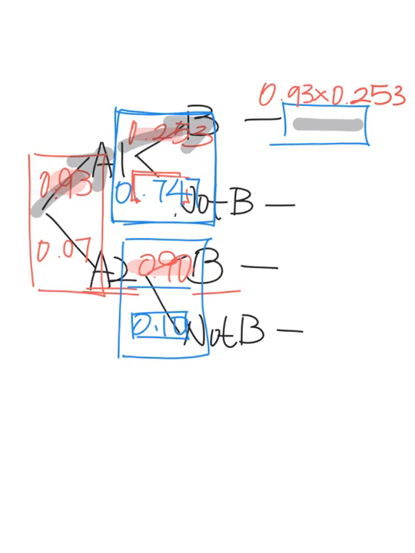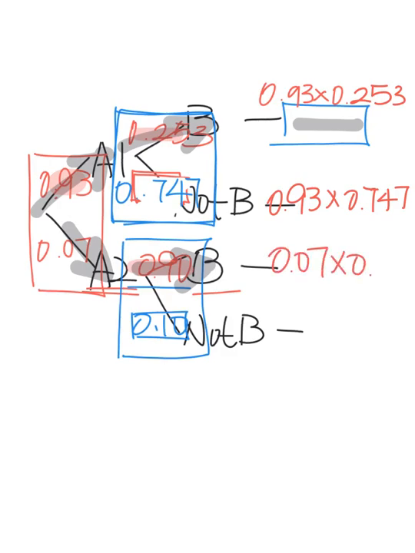And the next one, 0.93 times 0.747. It's always by the general multiplication rule. And the next one is going down, and this one will be 0.07 times 0.90, and the last one will be 0.07 times 0.10.